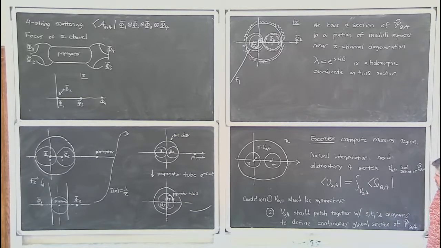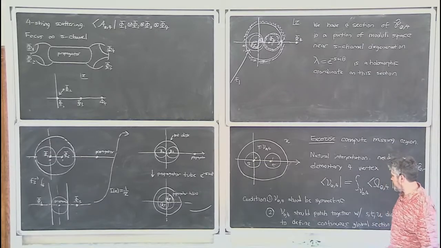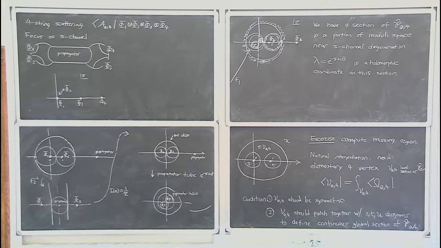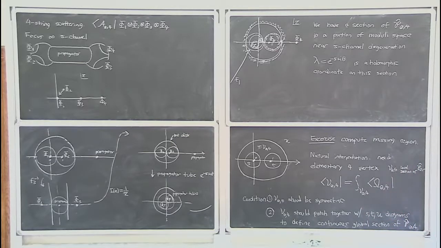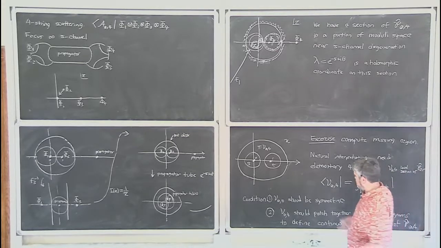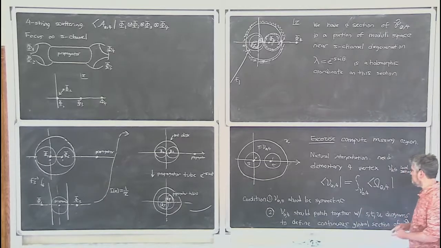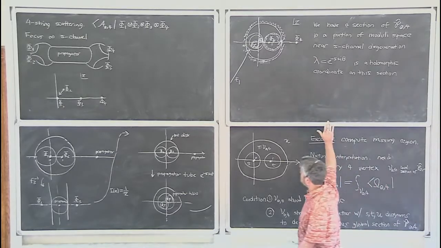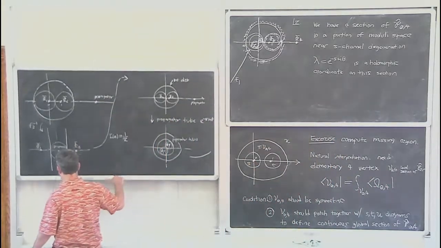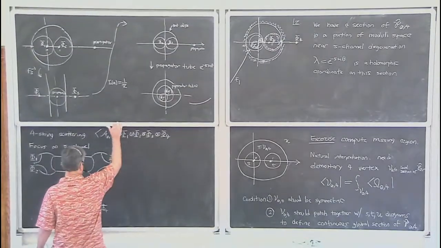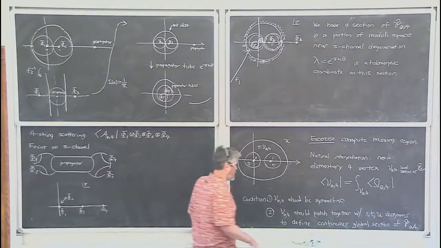It gets more annoying with higher-point vertices, but it can be done. Right, so the physically important condition is that all these diagrams should patch together to give a continuous global section of P hat 04.